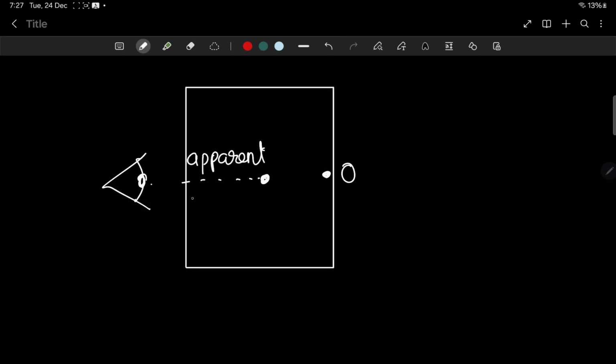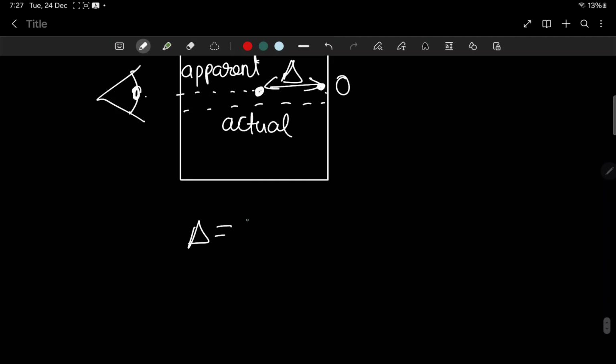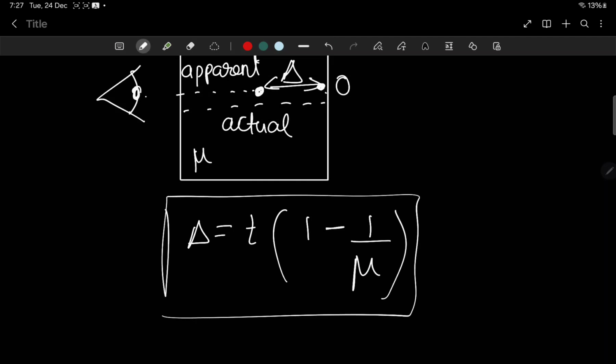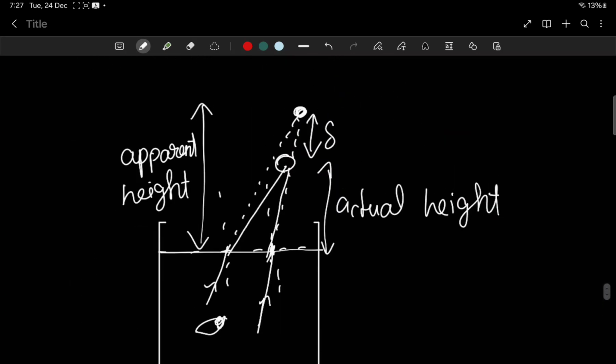Really the object is here, that is actual, but apparently it is being lowered, or it is seen to be near. So there is a shift. This shift can be calculated from the formula shift equals t into 1 minus 1 by mu, where mu is the refractive index of glass. Very important.